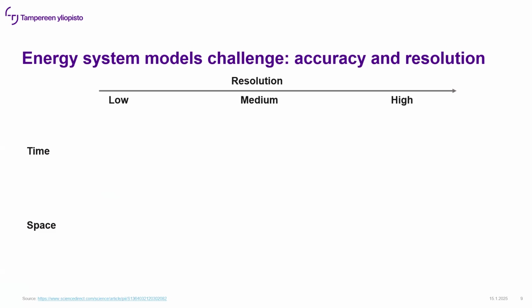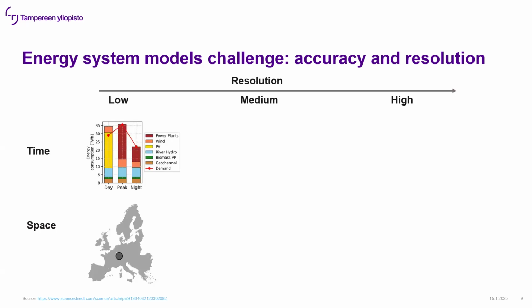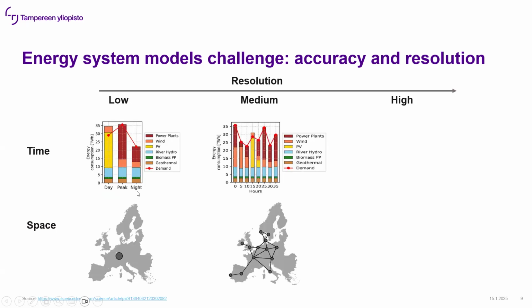So the challenge in terms of temporal and spatial resolution: low resolution means that you have, for example, one node in your model, it's Europe, and then you have really low temporal resolution. So you may have a daily representation of the energy produced or consumed, and maybe this peak and night in there.